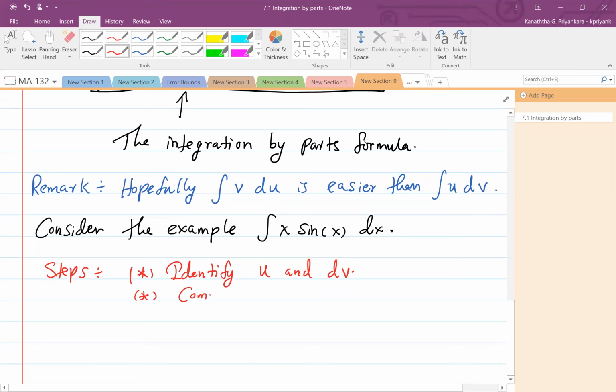Compute du and v. Once you have those four terms, u, dv, du, and v, you can substitute those into the formula. So then apply the formula.